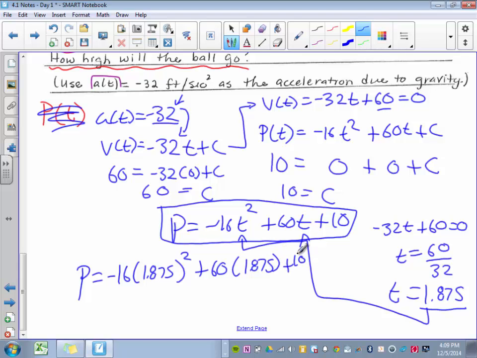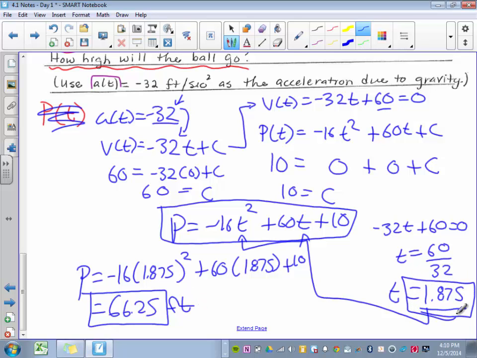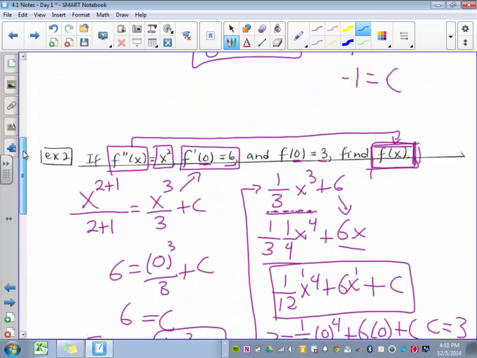Now we just have to figure out what this turns out to be, and this equals 66.25. So the max height of my function will be 66.25 feet at time 1.875.